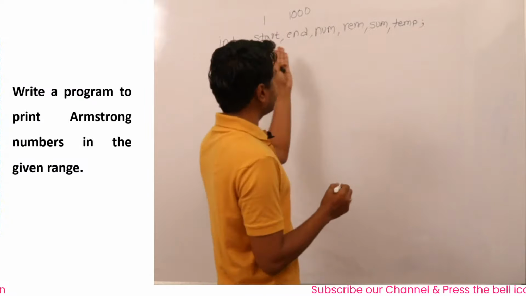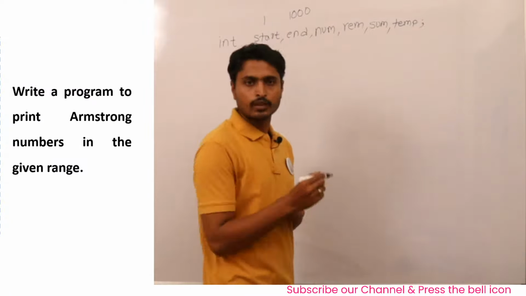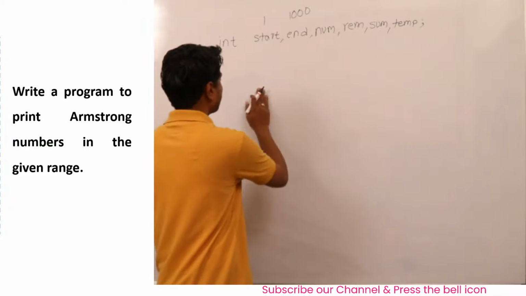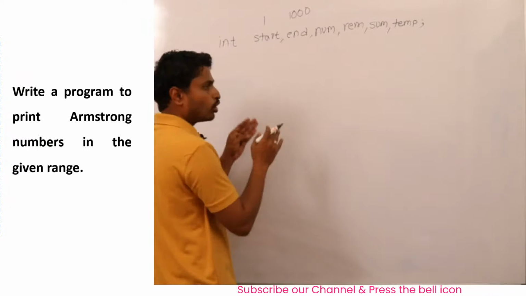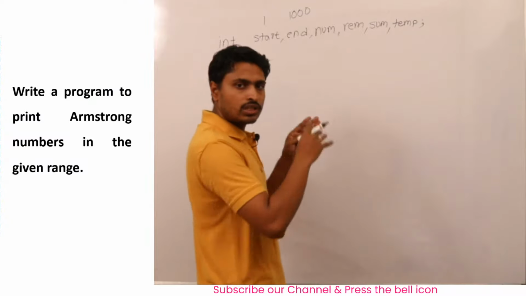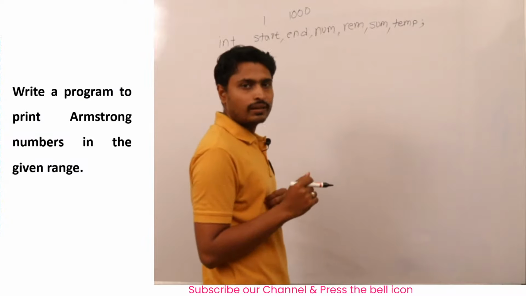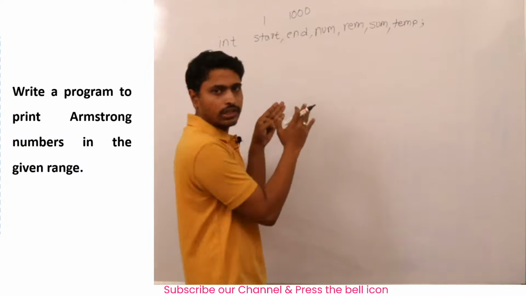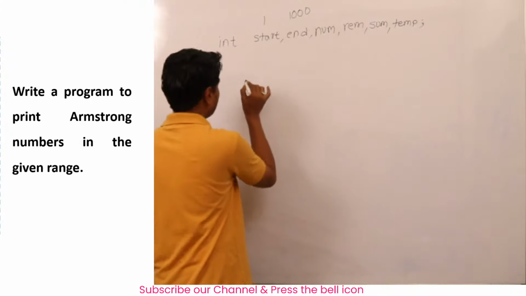So these are the variables that we have considered. Now I'm not writing the program as it is; we'll see it in the online compiler, but I'm telling you the logic here. We'll use one for loop.